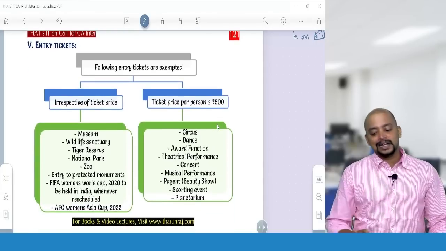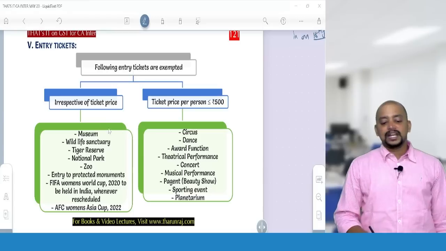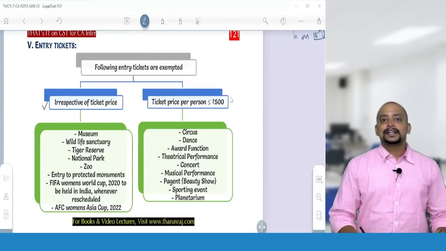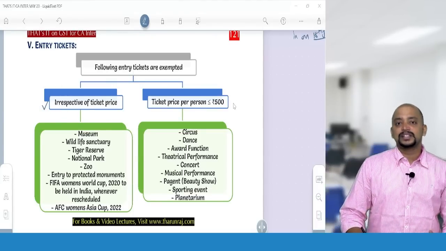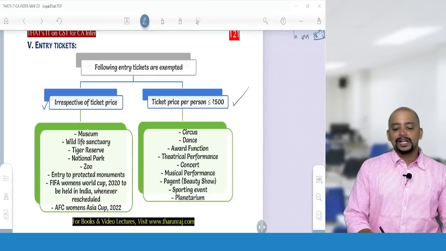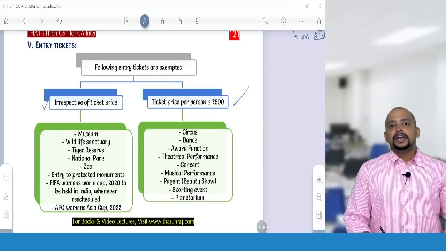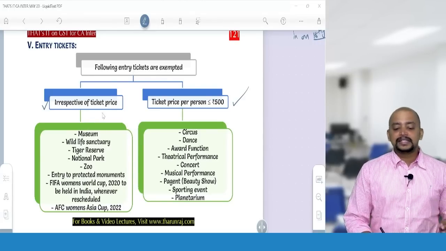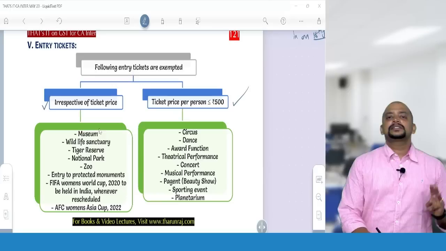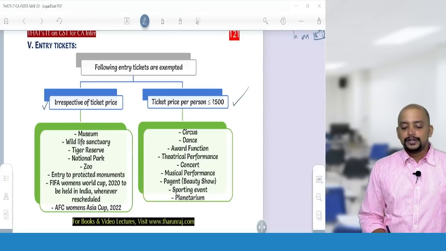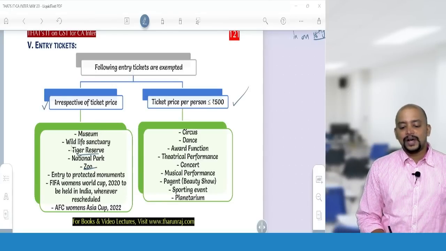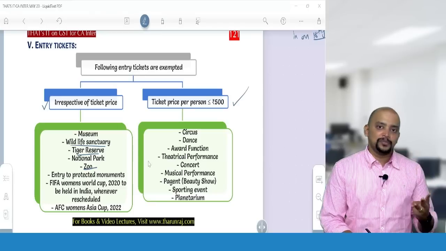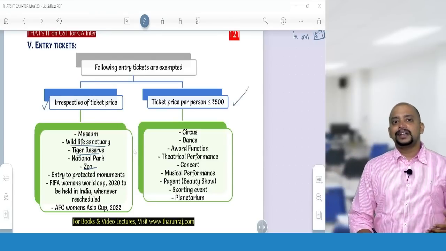Then entry tickets. There are some entry tickets which are exempted irrespective of the ticket price, and some entry tickets are exempted if the ticket price does not exceed 500. In total, we have 8 entry tickets exempted irrespective of the ticket price. 3 things related to animals: zoo, tiger reserve and wildlife sanctuary.